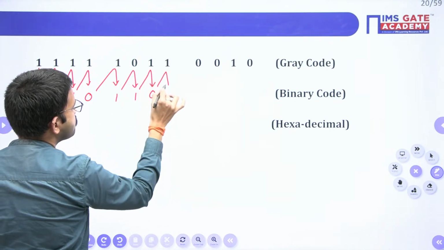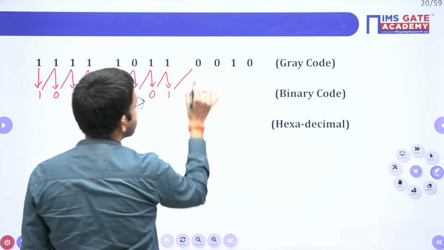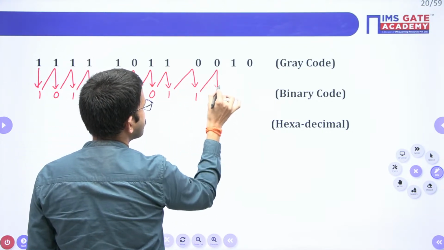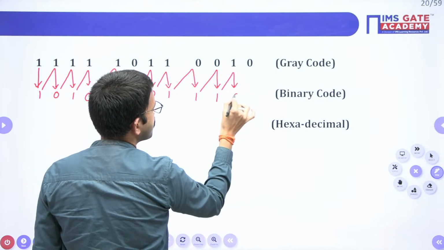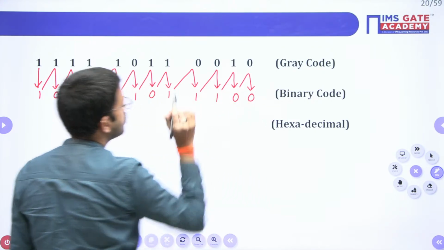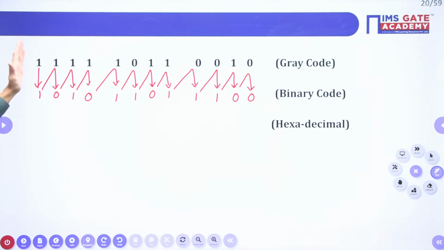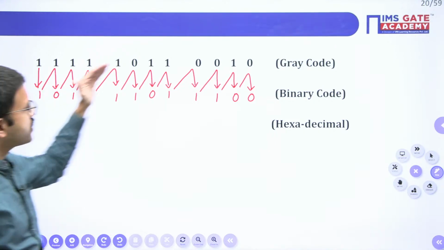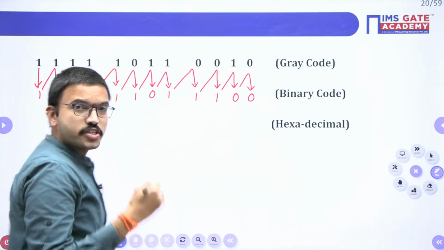Continue further. So you have to copy the starting bit as it is and then perform XOR operation diagonally. Now the question is what?